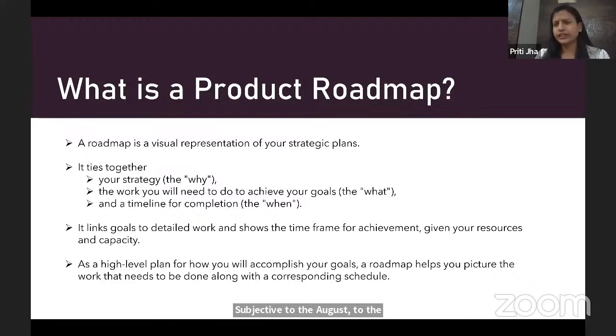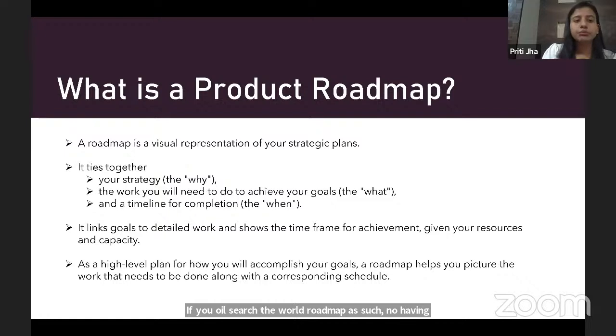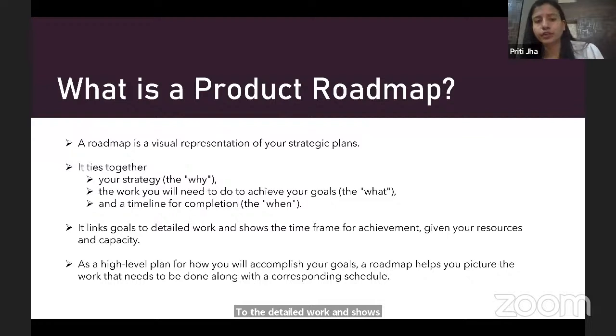And that's why you would read even different definitions on the internet if you search the word roadmap. Now, having talked about the building blocks of a roadmap, to summarize, it links your goals to the detailed work and shows the time frame for achievement.